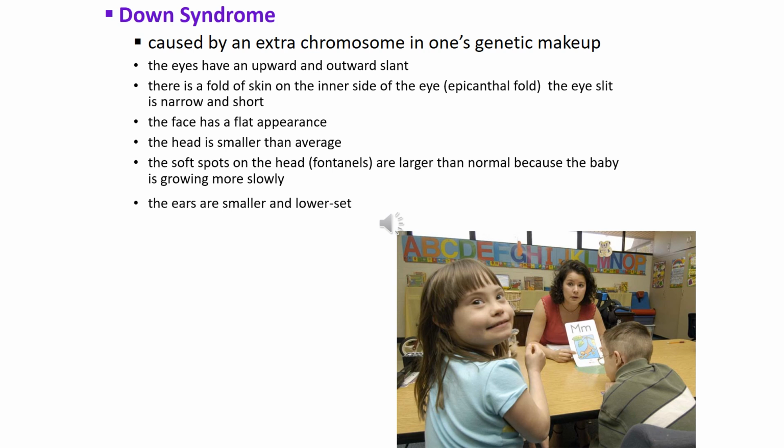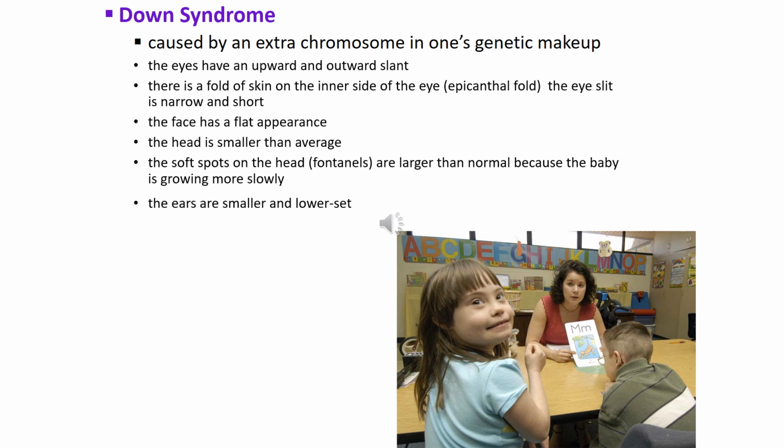As you know, we have 46 chromosomes, 23 from our mother, 23 from our father. So on the 21st pair, there's an extra chromosome, which causes the individual to have cognitive limitations. Most individuals with Down syndrome fall in that mild to moderate level of intellectual disability.